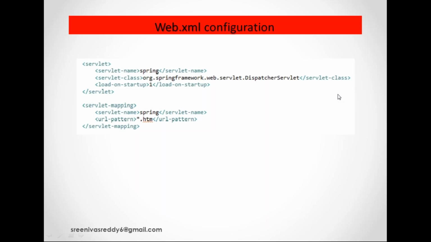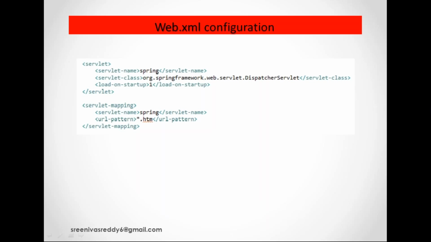As I said, the dispatcher servlet is the entry point to bootstrap, and it is capable of loading your Spring configuration file. I will pass an init param to the dispatcher servlet, saying load the Spring configuration file along with the dispatcher servlet bootstrap.